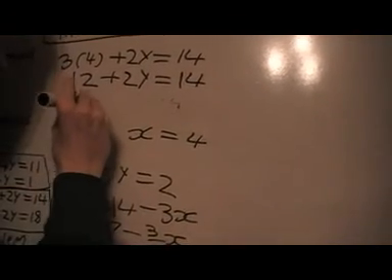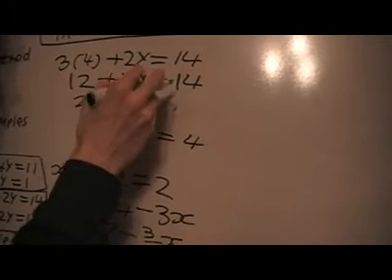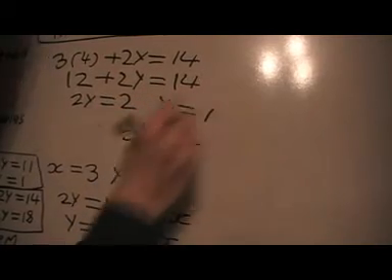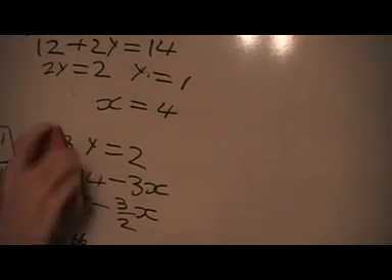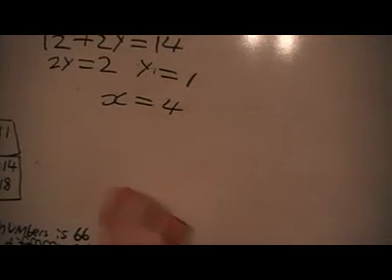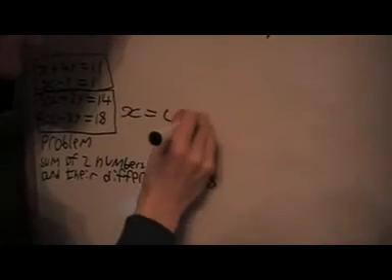And then there's 2y. We subtract that from here. Then we get 2y equals 2, y equals 1, because we've divided both sides by 2. So for this one, the solution set is x equals 4, y equals 1.